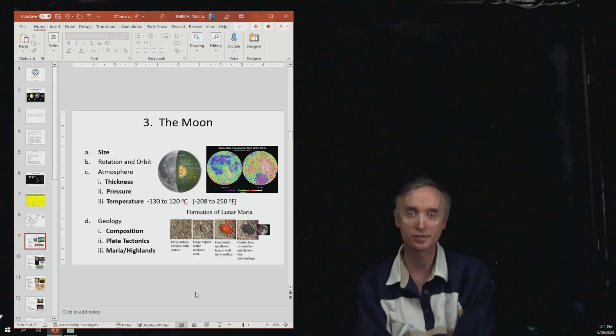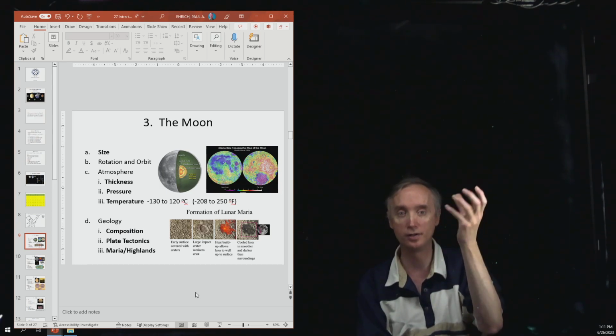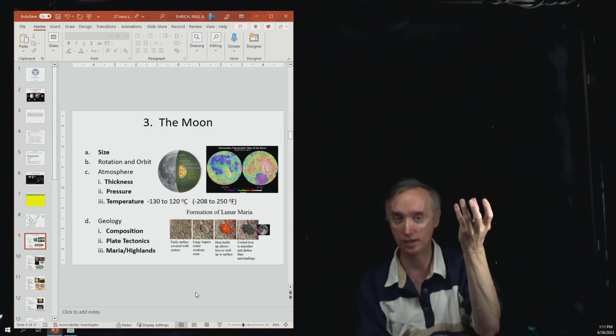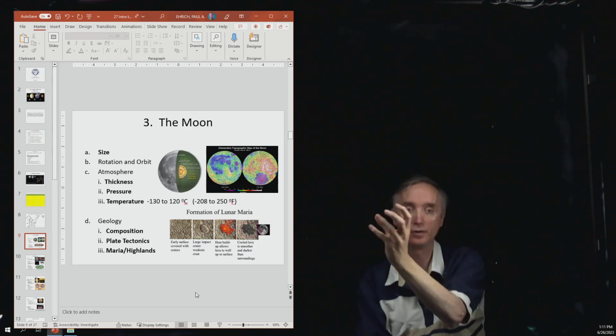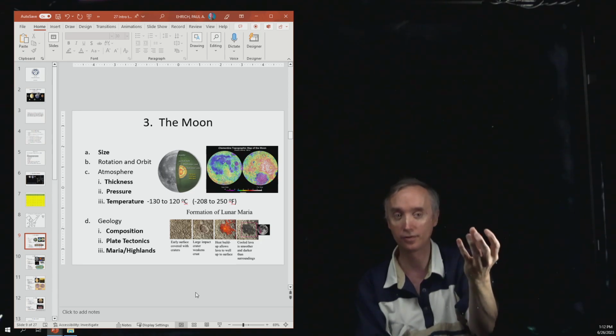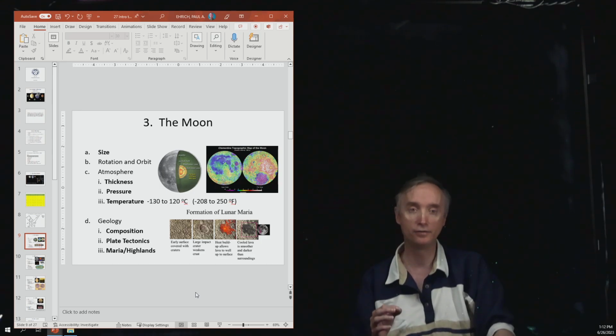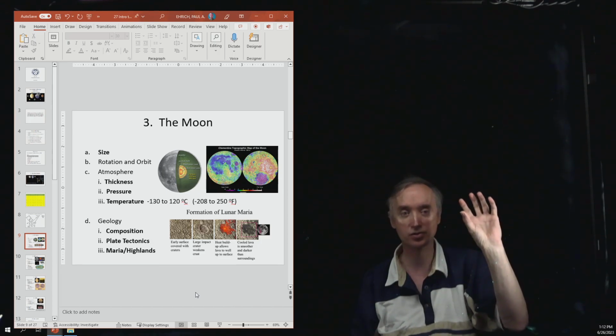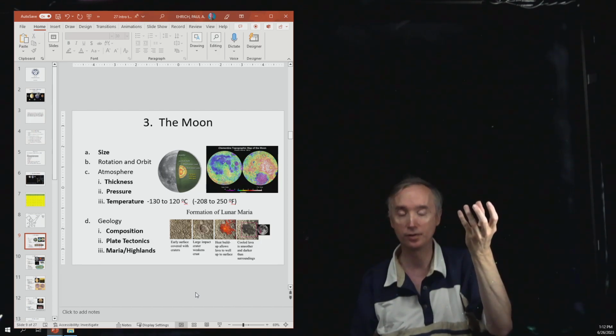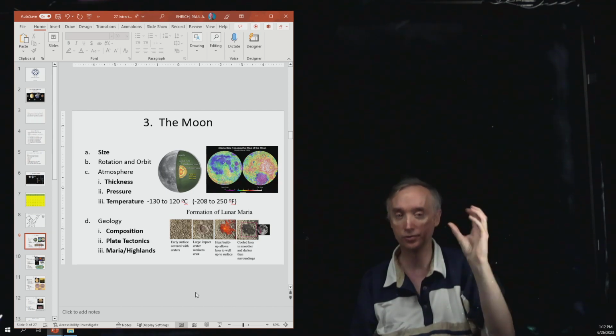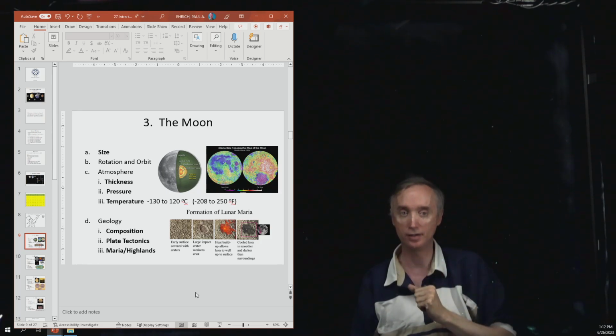Now, something that's interesting about the moon is its rotation rate and its orbital rate. So the moon spins once every 30 days, and it orbits the Earth once every 30 days. And so that's due to the gravity of the Earth pulling on the moon, and it has slowed down the rotation rate of the Earth, and it also has affected the rotation rate of the moon.